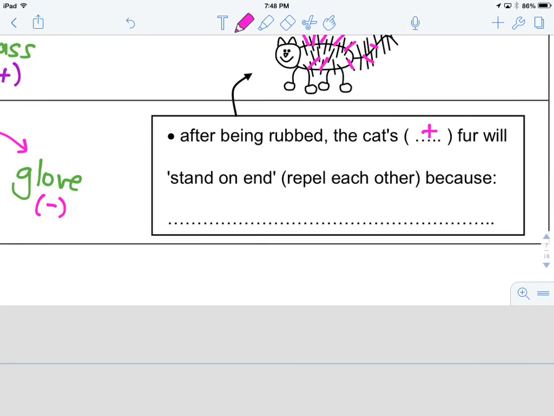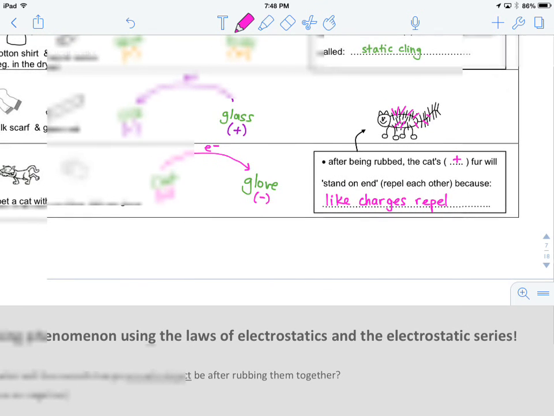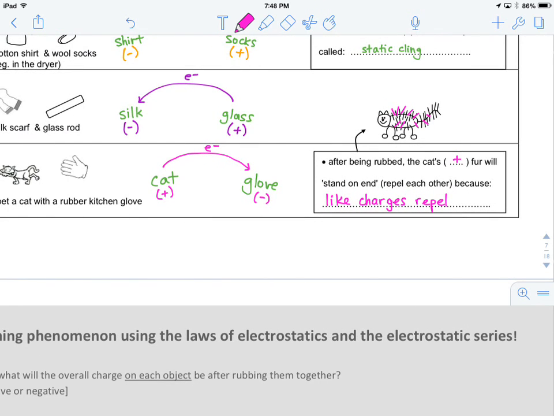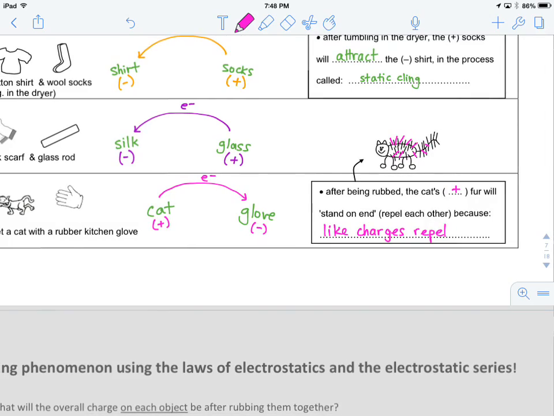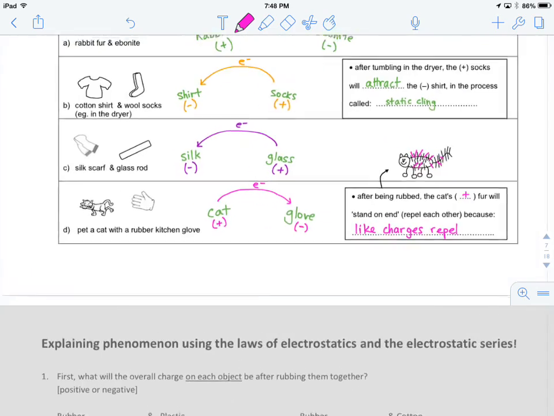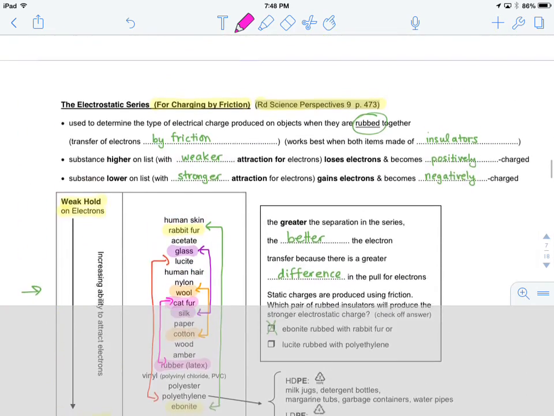And the reason why fur or your hair stands on end, and think about the Van de Graaff generator that we used in class, that's because like charges repel. And if the cat is charged positive, and all of the ends and bits of its fur are positive, then all those little bits of fur are going to repel each other, and the fur will stand on end. And that is your introduction to the electrostatic series.